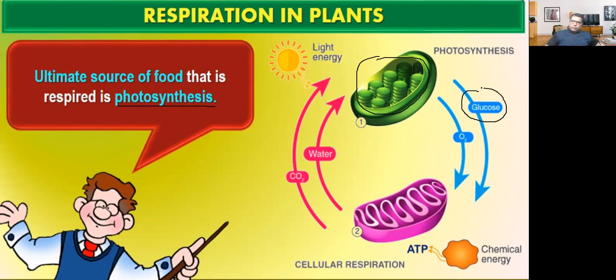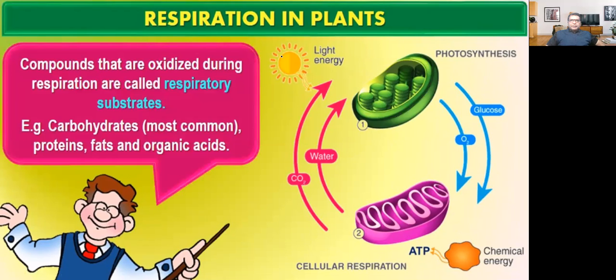During this, glucose is synthesized and oxygen is released. This glucose and oxygen again combine together. There is oxidation of this glucose, and it is converted into carbon dioxide, water, and energy is released in the form of ATP. This is called cellular respiration.